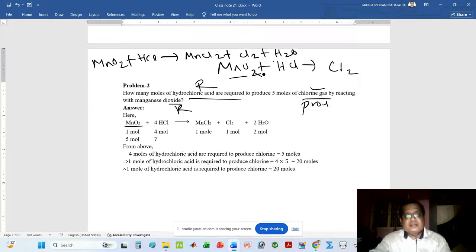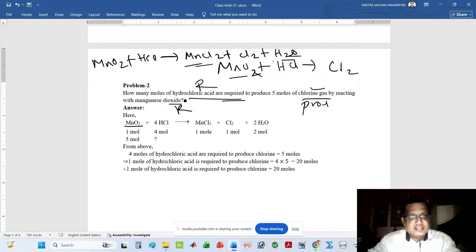But in the statement, there is no mention of manganese chloride and water molecule. But you should know how to write the chemical equation and balance it.